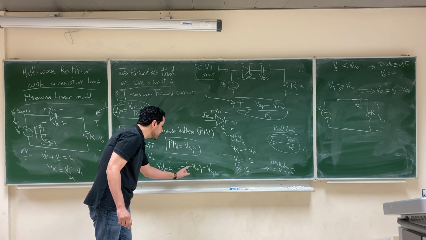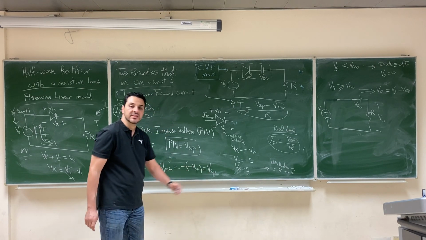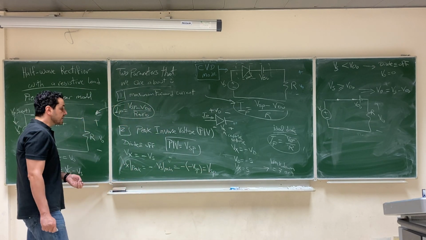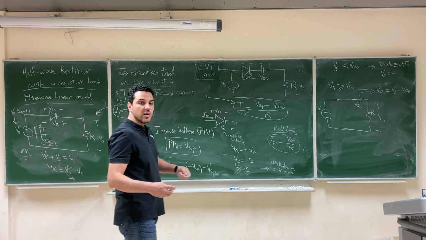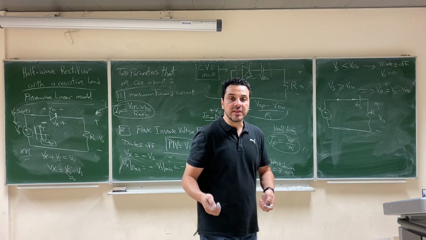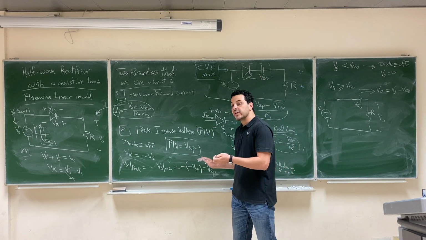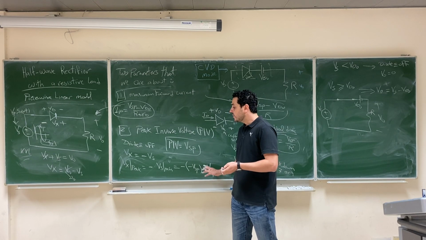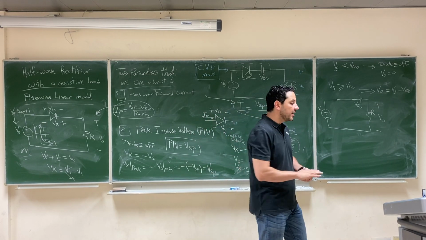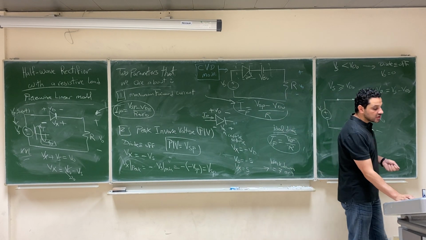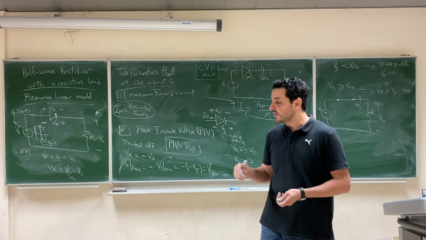So minus Vsp will give you Vs peak, the peak of the secondary voltage. And this is the peak inverse voltage of our diode. Then you have to go and buy a diode that doesn't break down before Vs peak. It has to break down at least 50% higher than this Vs peak. We'll stop here in this video and we'll continue in the next video, inshallah.